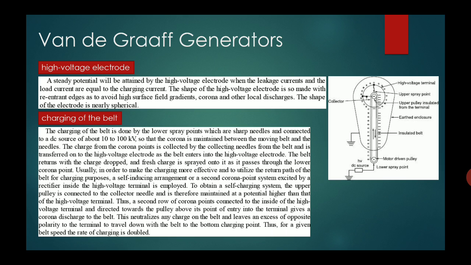The charging of the belt is done by the lower spray points, which are sharp needles connected to a DC source of about 10 to 100 kV, so that corona is maintained between the moving belt and the needles.